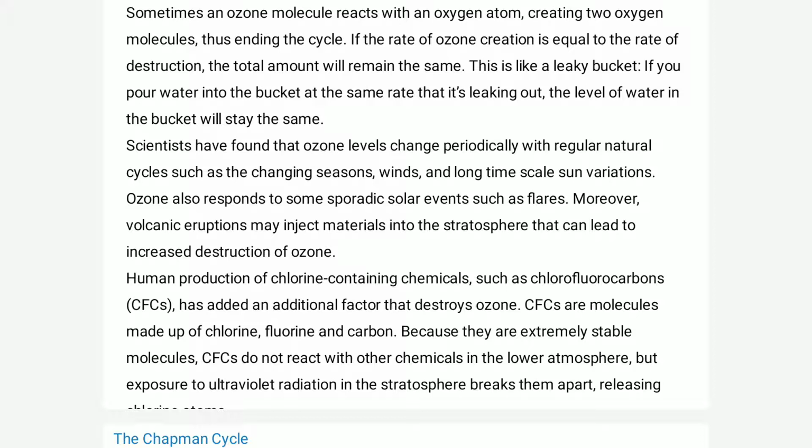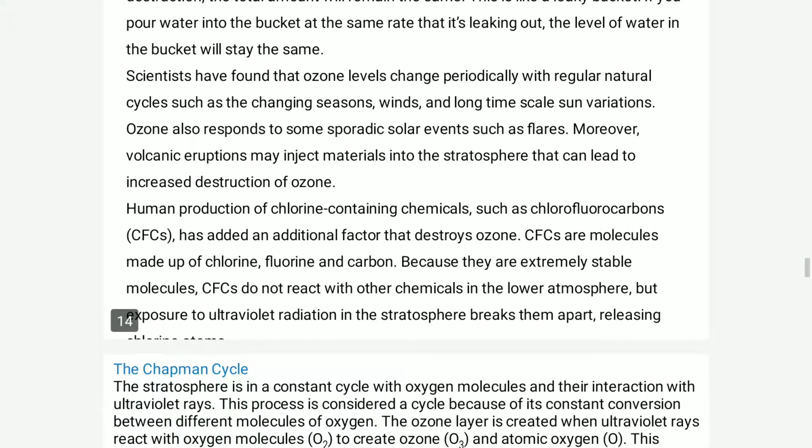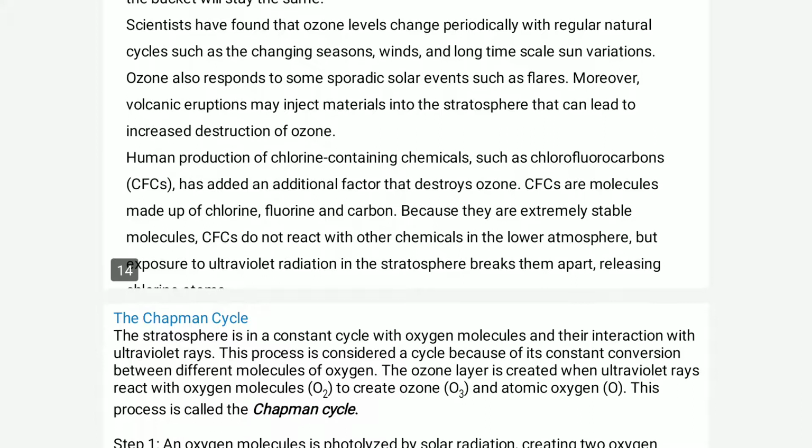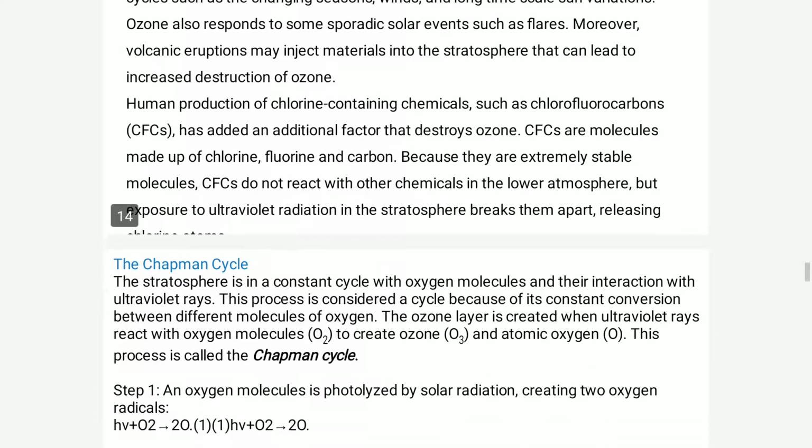Human production of chlorine-containing chemicals like chlorofluorocarbons has added an additional factor that destroys the ozone. CFCs are molecules made up of chlorine, fluorine and carbon. Because they are extremely stable molecules, CFCs do not react with other chemicals in the lower atmosphere, but exposure to the ultraviolet radiation in the stratosphere breaks them apart, releasing the chlorine.